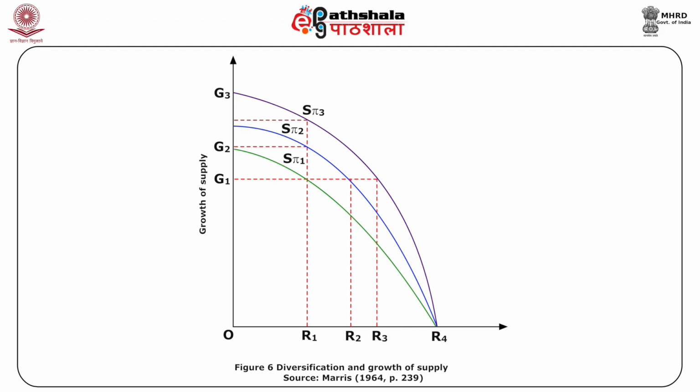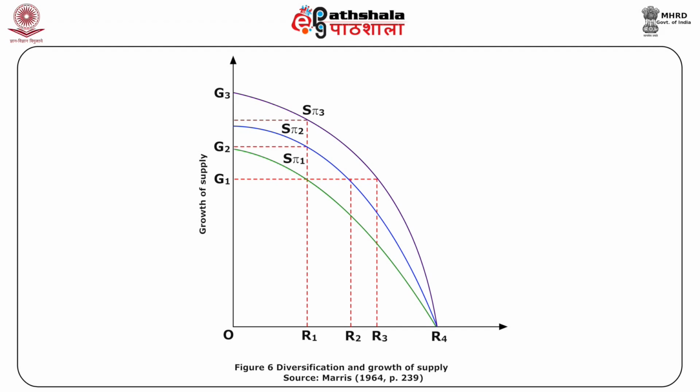It has been found that as the retention increases, the rate of diversification achieved also increases. If it is assumed that there is a limit to the level of diversification achieved by a firm, then the maximum achievable diversification is given by OR4. The supply curves slope upward from right to left with diminishing slopes.